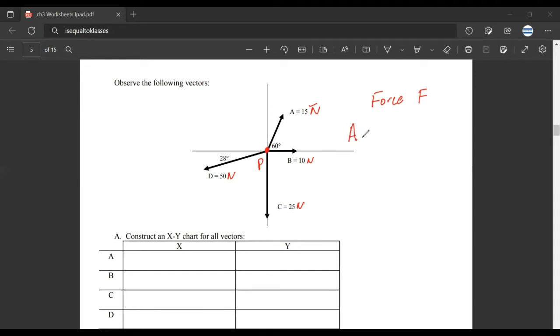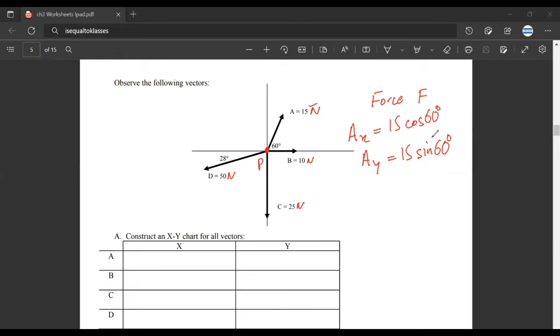So for example, A in x and y components would be 15 cos 60 and 15 sin 60. Is it fine, Chris?